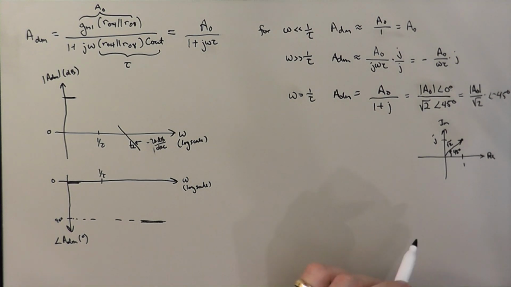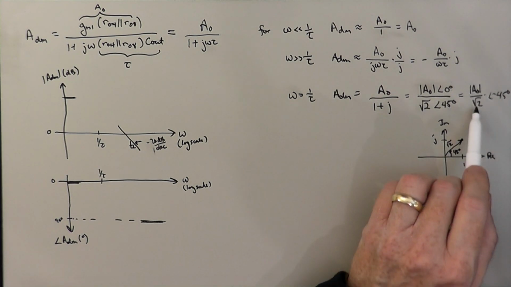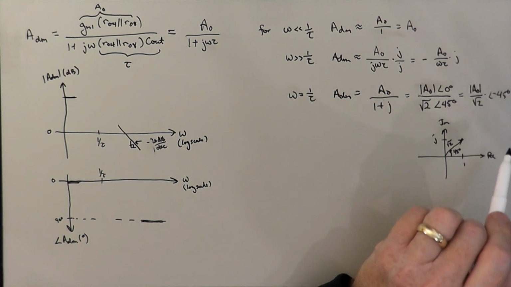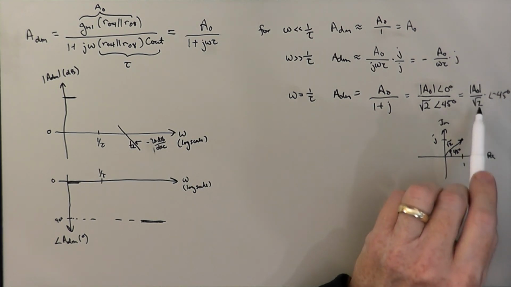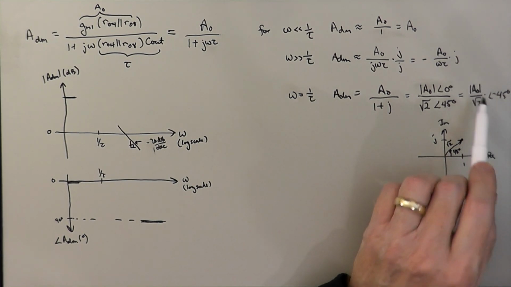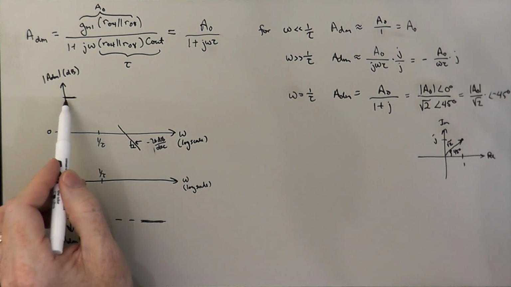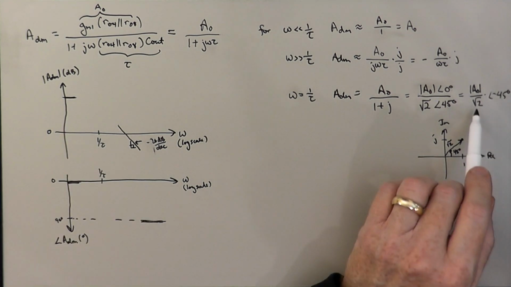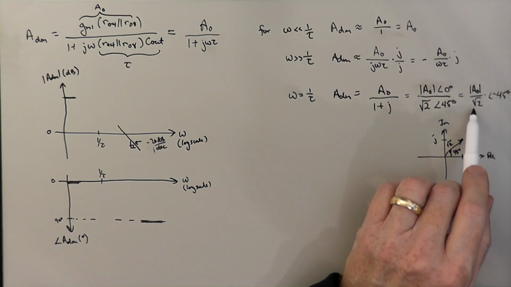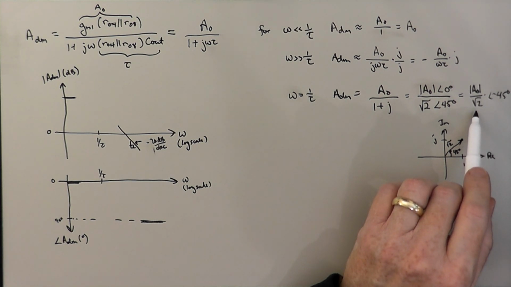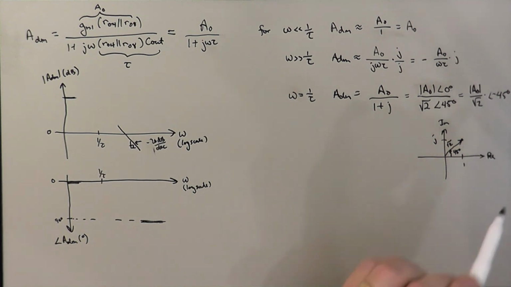And so A0 divided by root 2, if we convert that to dBs, we get whatever the magnitude of A0 was, denoted here in dBs. And because the log of a ratio is the difference of the logs, we're down by whatever root 2 is in dBs. And it turns out that root 2 is very close to minus 3 dBs.